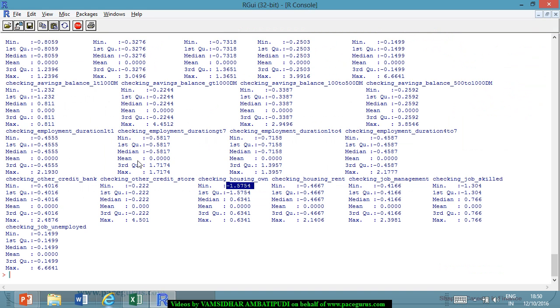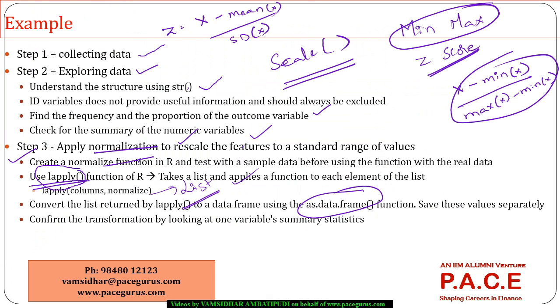If I have done a Z score transformation, the mean should be 0 for all the variables, which it is here. If I have done a min-max normalization, the minimum value should be 0 and the maximum value should be 1 for each and every variable separately. We have ensured that, which means this step is successfully accomplished. So now let's move on to the next step.